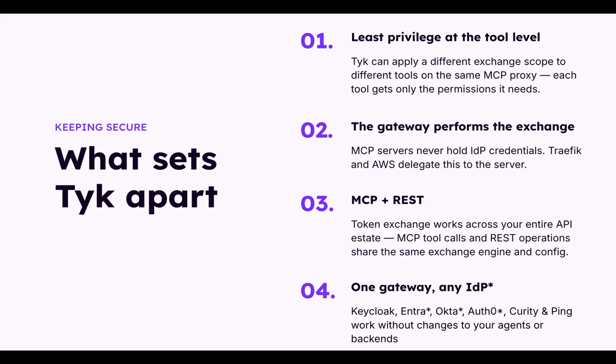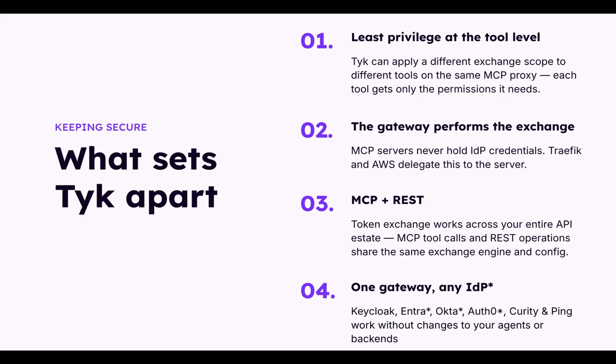So rather than what you'll see is very common on the market, and this is a bit of a red flag, you'll see other platforms will allow you to provide scopes to the server level. We'll allow you to provide scopes to the tool level.